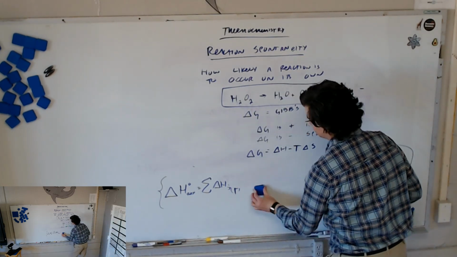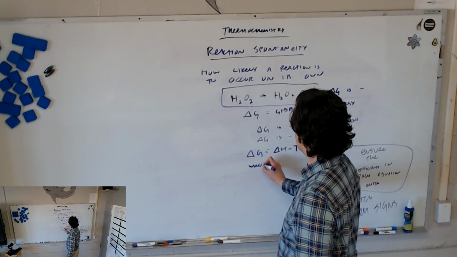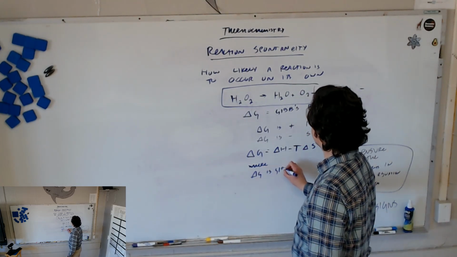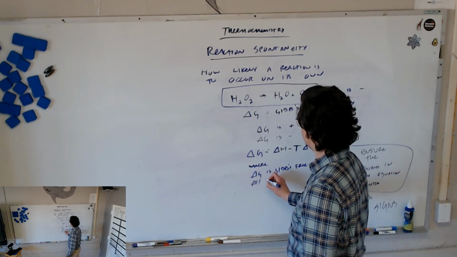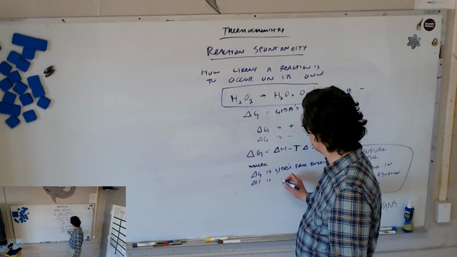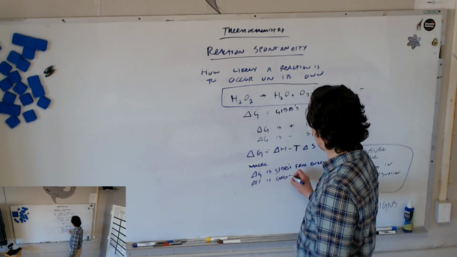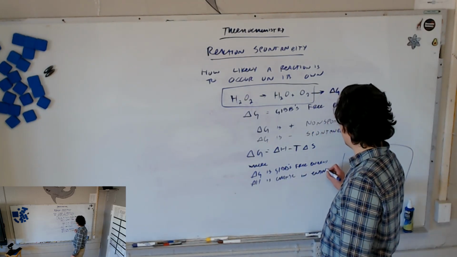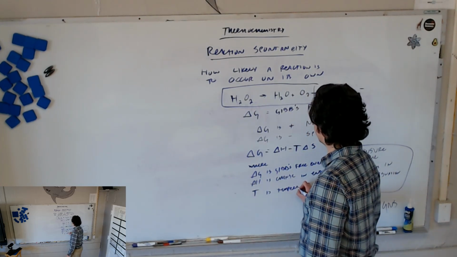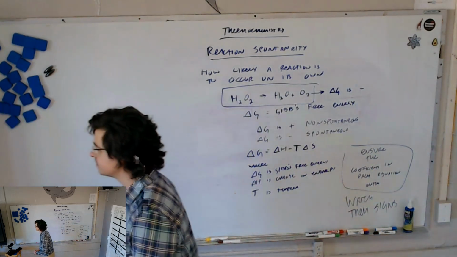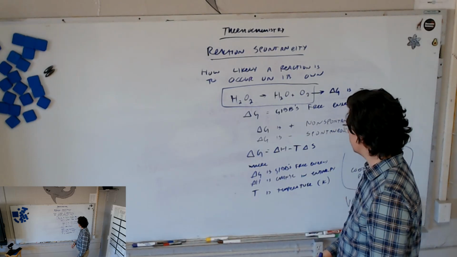Where delta G is Gibbs free energy, delta H is the change in enthalpy, and capital T is temperature, which must be measured in this case in kelvins.